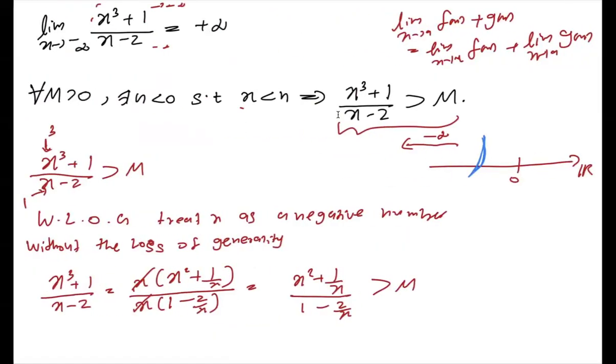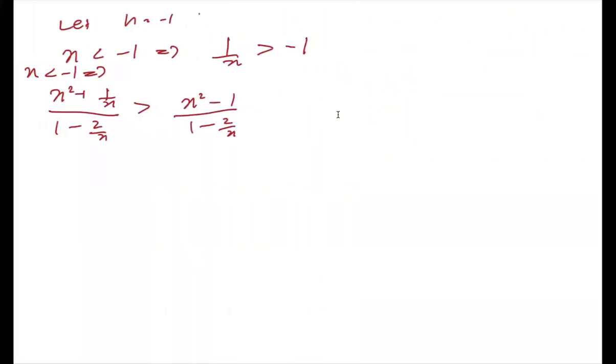Then we need to do something about this one, right? So let's see what we can do. Here is my rough work, x less than minus 1. This implies 1 over x greater than minus 1, and minus 1 over x is greater than 1, and minus 2 over x greater than 2, right?